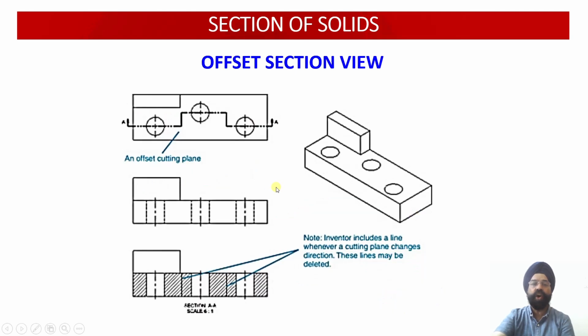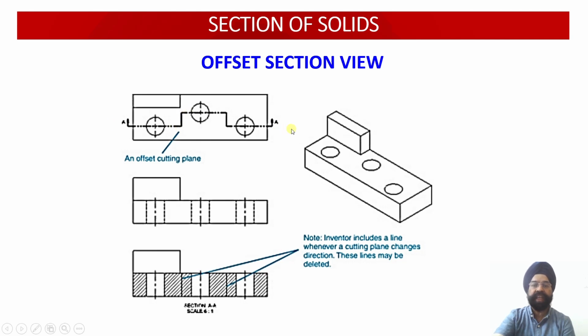Then next you have the offset section, because in the previous case all these three holes were lying in the same line. If they were all lying in the same line, a single cutting plane would be sufficient to reveal the internal details of this particular object. But since these holes are offset, we have the flexibility that we can manipulate our cutting plane in such a way that it will pass through different cross sections.